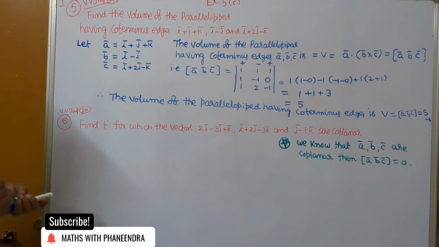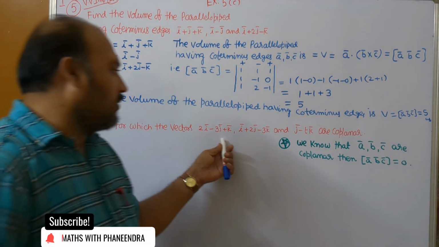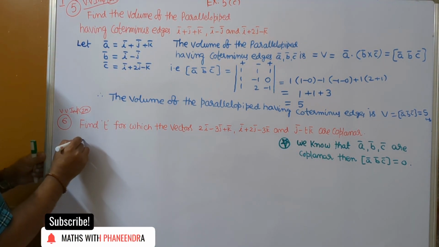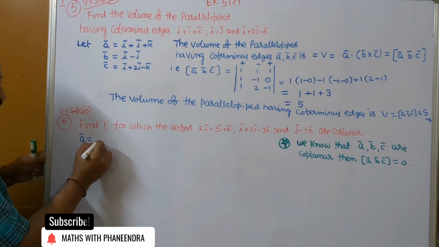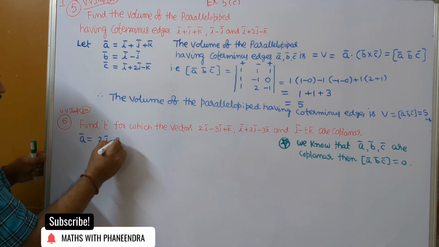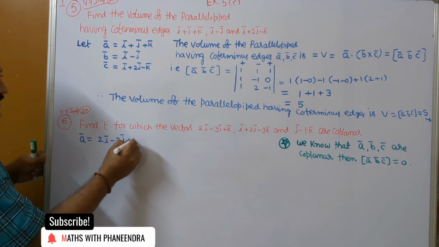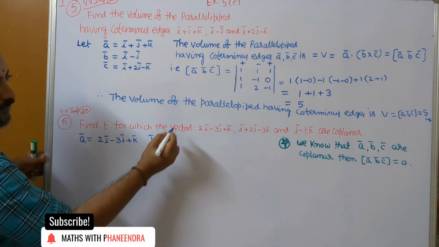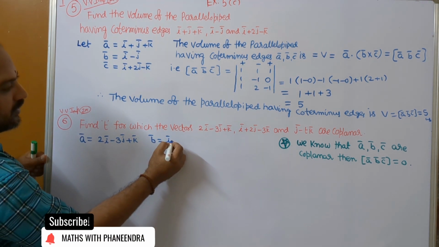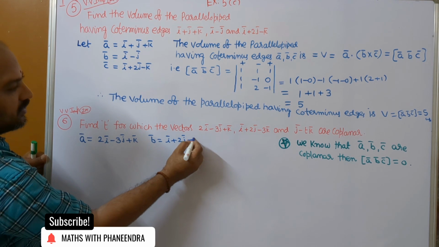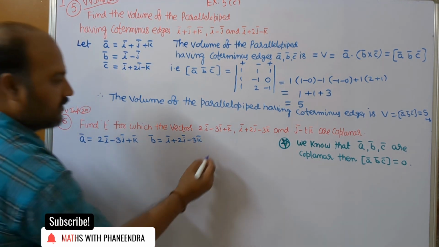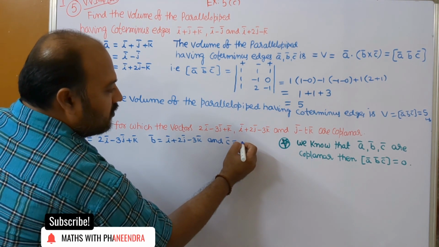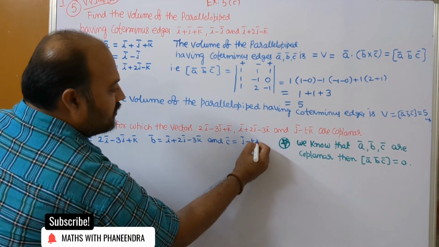So here, according to the question, a bar, b bar and c bar are given. Here, a bar equal to 2i minus 3j plus k, b bar equal to i plus 2j minus 3k, and c bar equal to j minus tk.